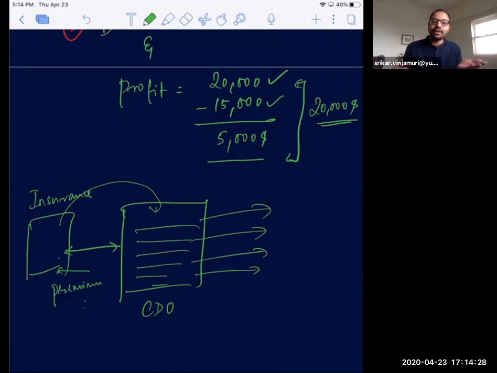And now you have a double whammy. First, there are defaults on the CDO side of the business. On the other side, the insurance business is stressed at the same time. Where do you get liquidity from? So AIG was just slammed from every direction. Investment banks' exposure was in only one direction, because they sold the CDOs, but they insured themselves with AIG on the back end.